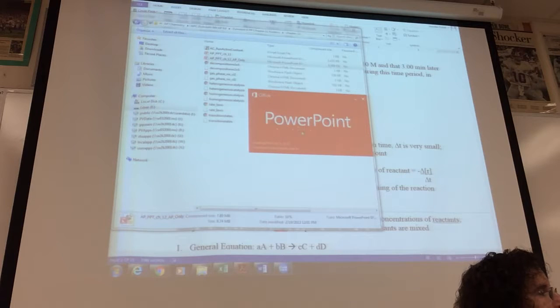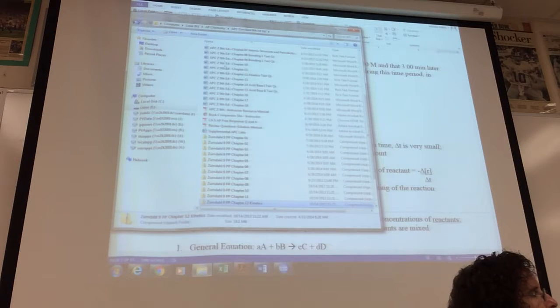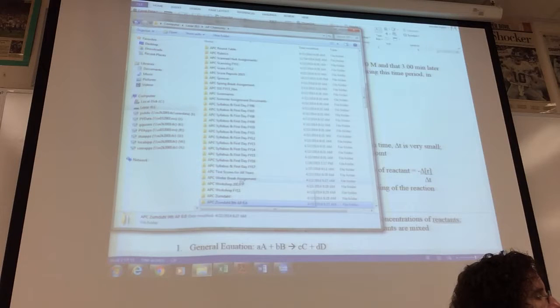Come on. Open, open, open. How come it takes so long? Because I have too much stuff open? I really don't. These computers are the worst computers. I don't have that much stuff open.